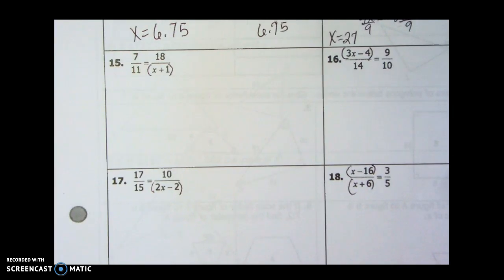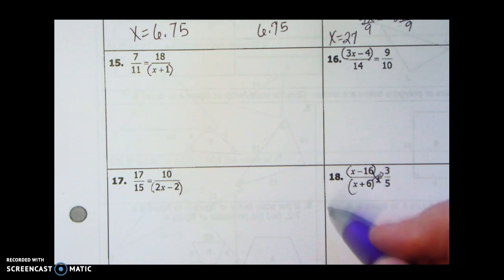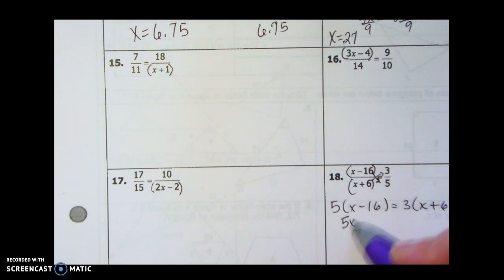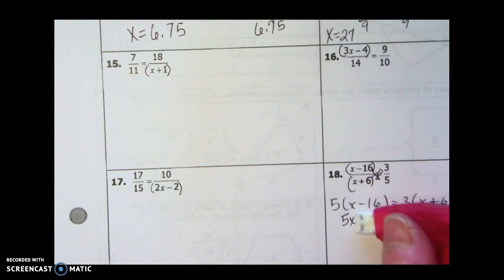Okay, so cross multiplying again. So I'm going to have 5 times x minus 16 equals 3 times x plus 6. 5x, oops, that's a minus. Let me find my eraser. This is why we should be using pencils.